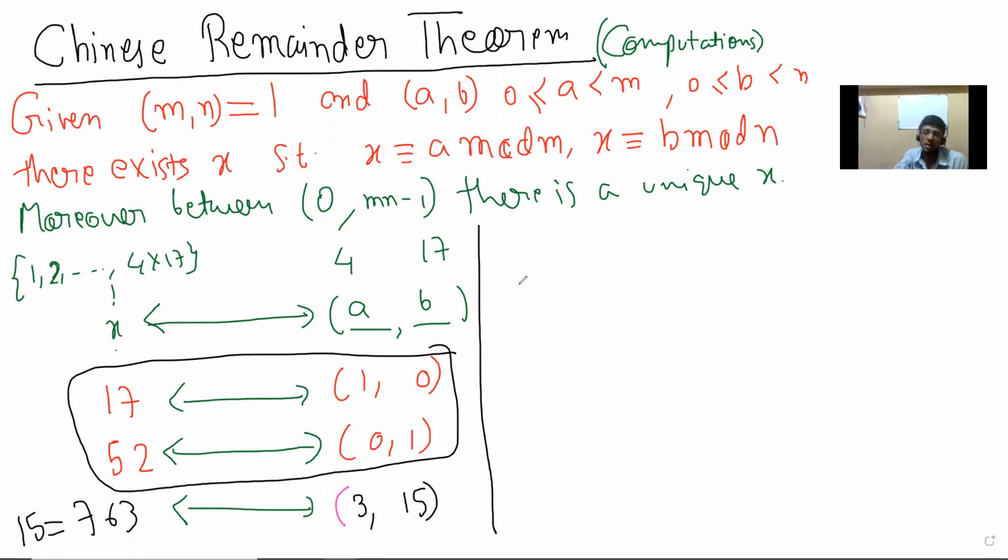But if it's a very big number, then my question is, what does this reduce to? Given m and n, you want to find first the x which leaves a remainder 1 when divided by m, and leaves a remainder 0 when divided by n. Do you guys agree? This is what we have to do first, right? That's your 1,0. And then the other way also.